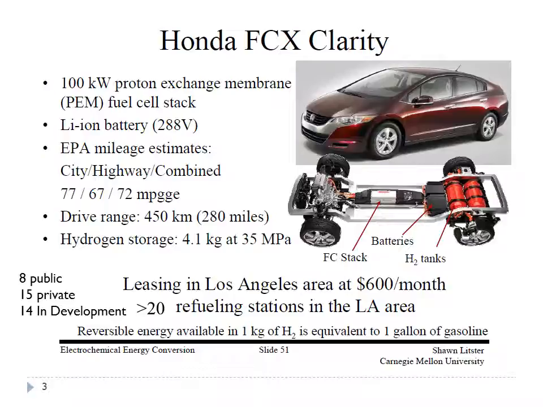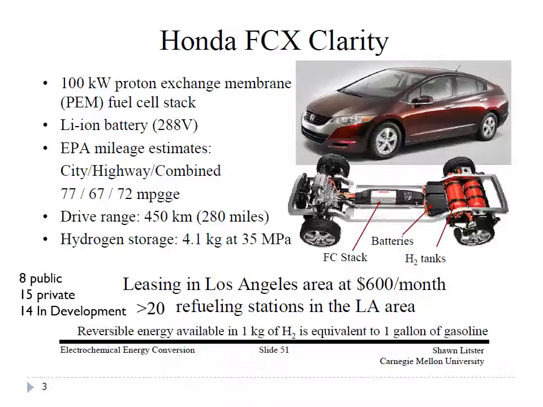And one thing to keep in the back of your mind is that the chemical enthalpy in 1 kilogram of hydrogen is about equivalent to the chemical enthalpy in 1 gallon of gasoline. So it just gives you a quick feel.